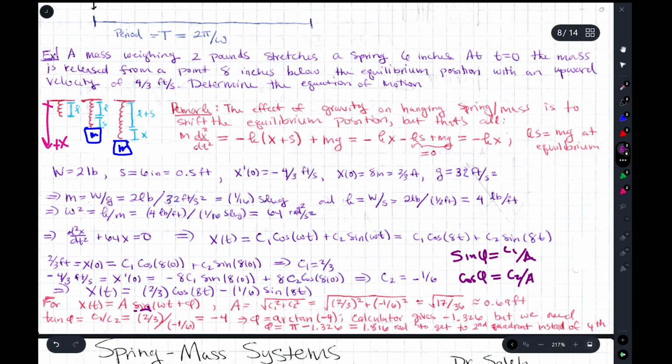That's the case of the 2nd quadrant. So we shift this angle, which is in the 4th quadrant, to the 2nd quadrant, and we do that by adding pi to it. That just shifts it all the way opposite if you're looking at this in a unit circle, and you get 1.816. So be careful that with sine, you actually have C1 over C2, not C2 over C1.